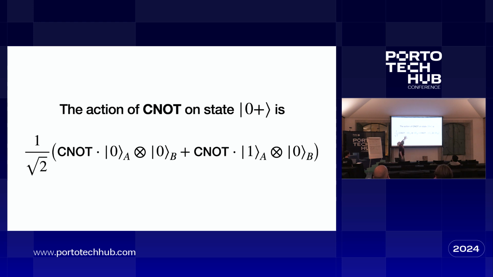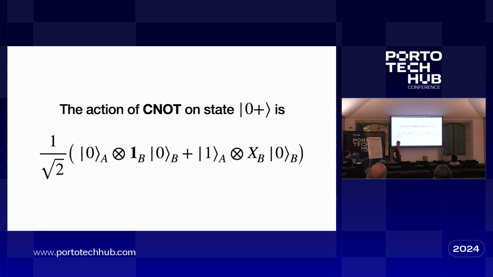So here, I know how C naught acts on this state by definition. It does nothing, right? And I know how C naught acts on this state. It hits that with an X. Again, that's how I define C naught to act. So I'm just going step by step.